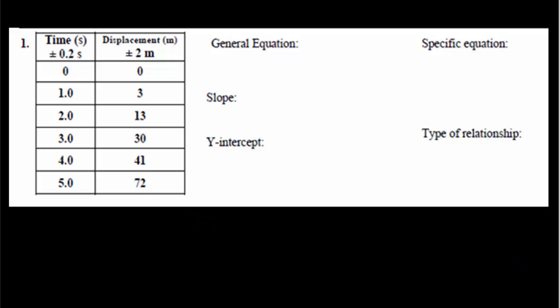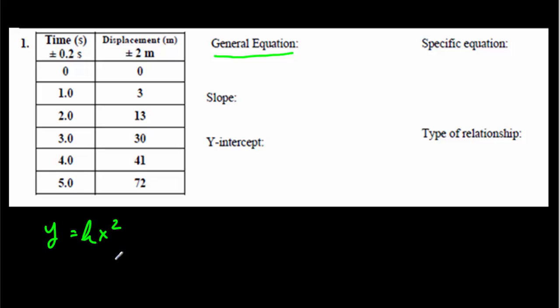I now have two sets of data that I'd like you to carry out the linearization process with. You can either use Excel or your graphing calculator or just do it on graph paper. And here where I refer to the general equation, I'm referring to an equation such as y equals kx squared.